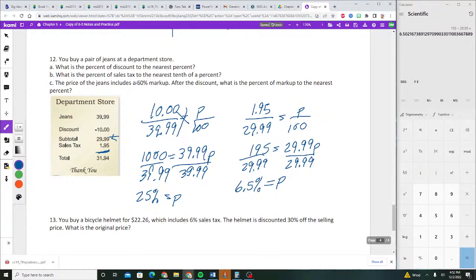The price of jeans includes a 60% markup. After the discount, which is now $29.99, what is the percent of the markup to the nearest percent? This is a little bit backwards, but we're going to go find the markup.